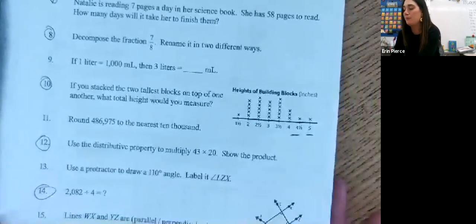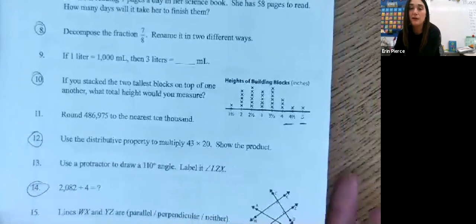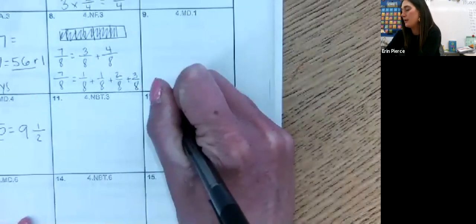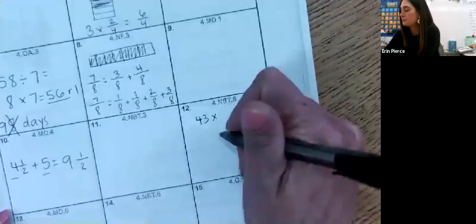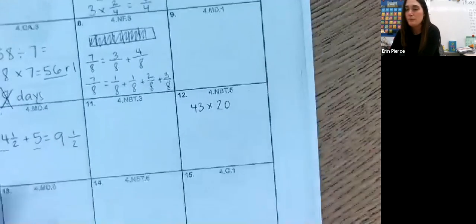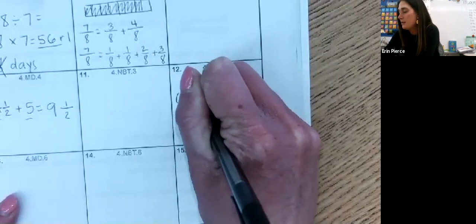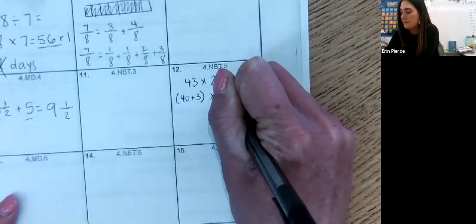Use the distributive property to multiply 43 times 20. So I'm going to do that, I believe, in box 12. 43 times 20. So that's 40 plus 3 times 20.